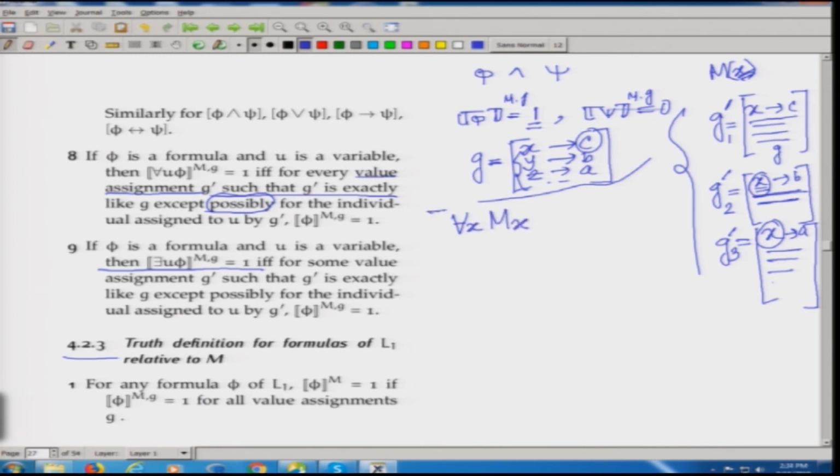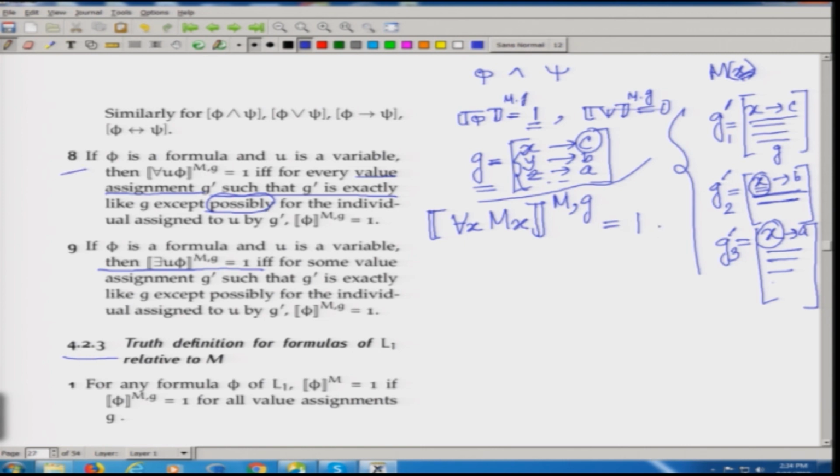We compute its truth value with respect to m and g. Remember, this is our initial g. We are not changing our reference point. The initial g is a reference point. What is it? Now, it is 1. We are following this rule, that is 8.